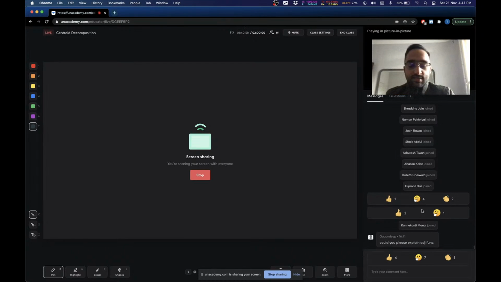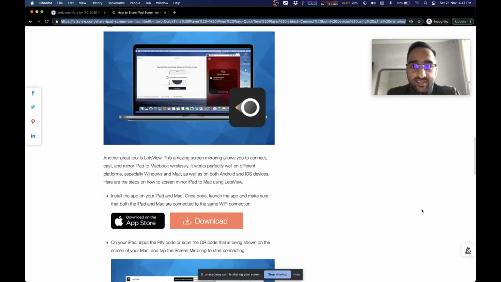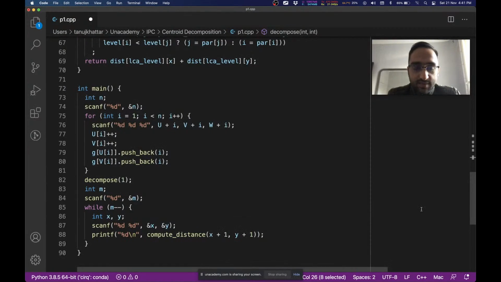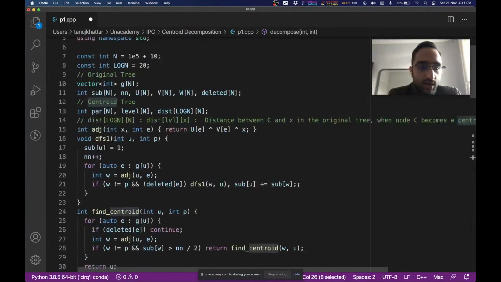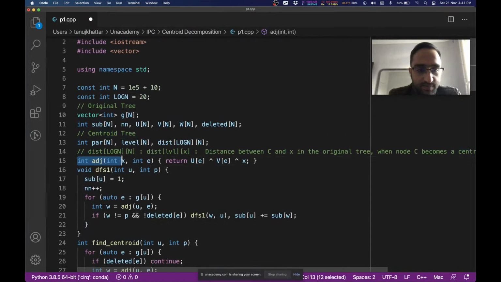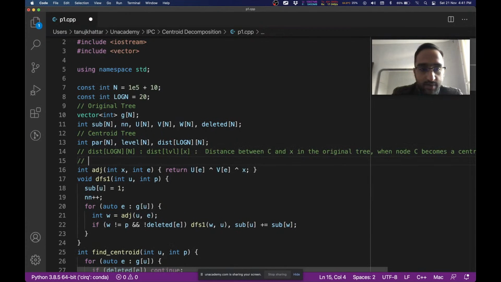Yeah, the adjacent function is an implementation detail. So if you look at how I am representing my edges, in my G of U, I'm storing edge numbers. I'm storing a list of E1, E2, E3, and so on, and these are edge numbers.